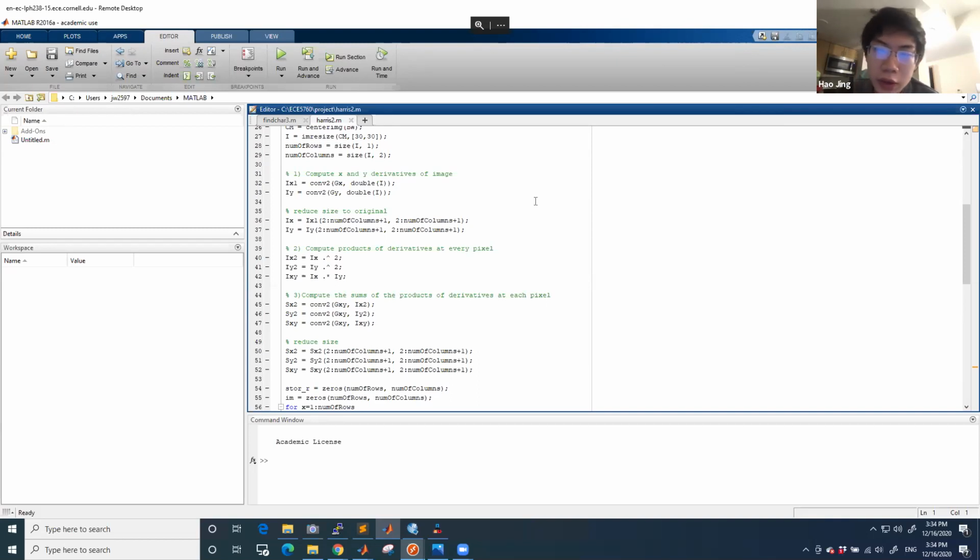So that's another advantage we have for Gaussian filters. When we need to compute the sums of the products of the derivatives at each pixel, we just need to use the spatial derivatives and convolve with the original Gaussian filter again, so we can get a sum.